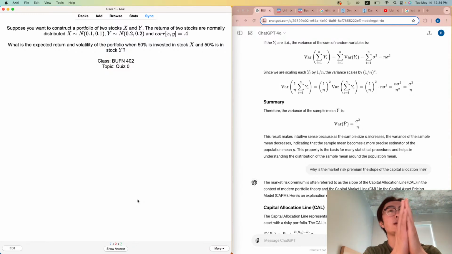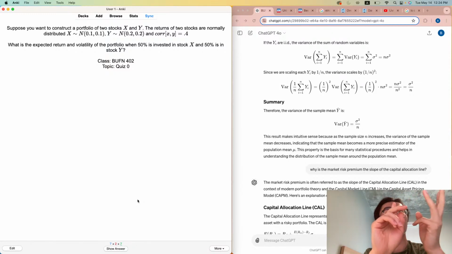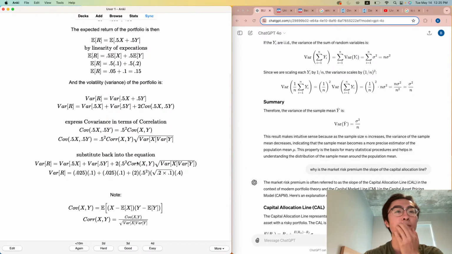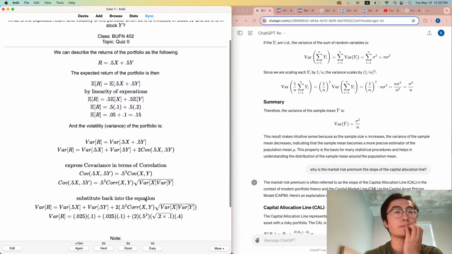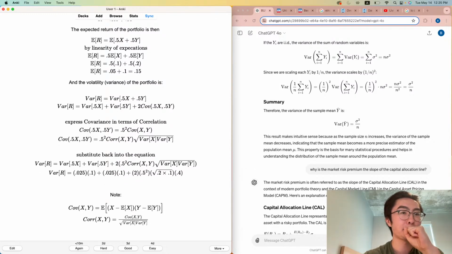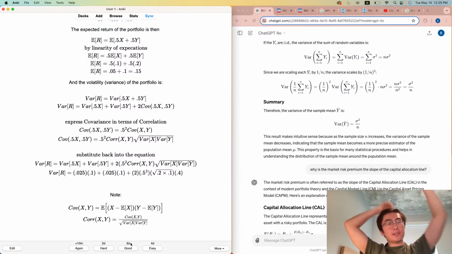Volatility, it's a bit harder, so in this case, 0.5 squared times 0.1 plus 0.5 squared times 0.2 plus the covariance term, in this case correlation, so we need to do 2 times 0.5 squared times correlation times the standard deviation of x and y, so I believe that's the square root of 0.1 and 0.2. Yeah, that's good.